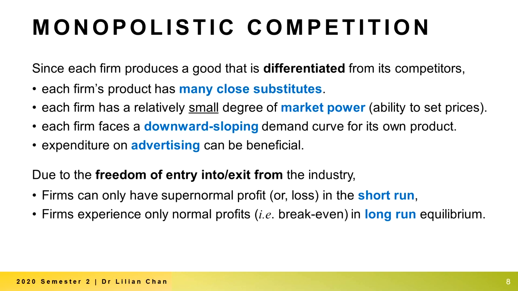So if you spend money advertising, you're not just advertising for yourself, you could be advertising for your rival because they have exactly the same product. A monopoly would have much less reason to advertise unless it wants to increase its number of customers, but it's got no competitors, so their reason for advertising is limited.